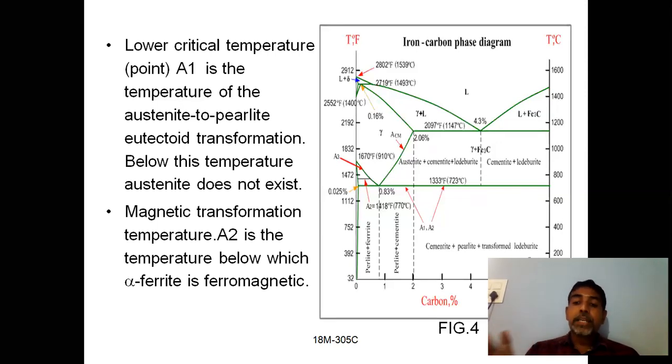So what is A1, A2, A3 and ACM, what is converted at that temperature, in what form, whether it is magnetic or non-magnetic, at eutectoid, hypereutectoid or hypoeutectoid. Those are the important points.